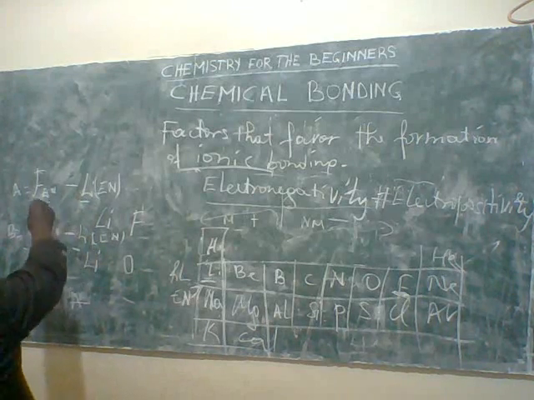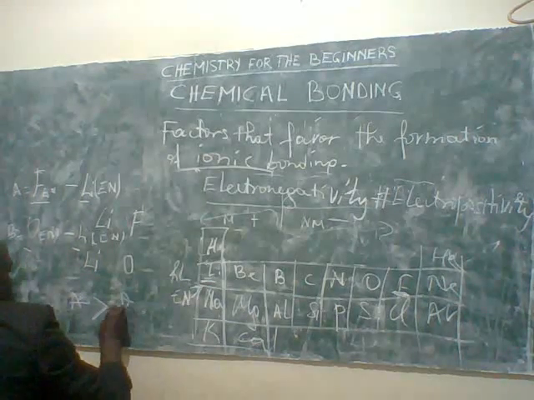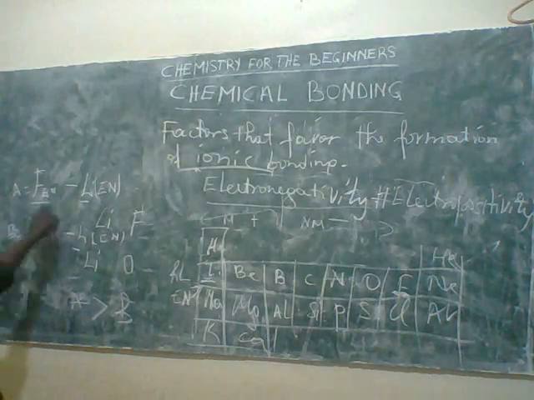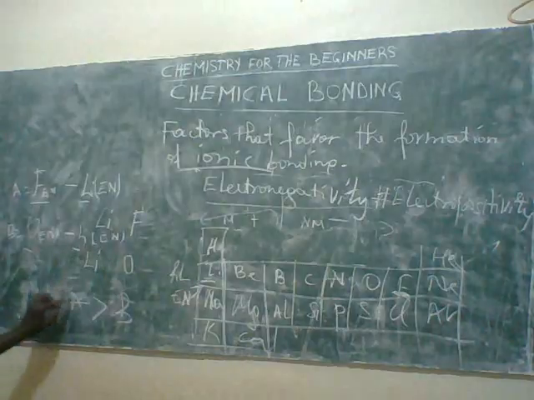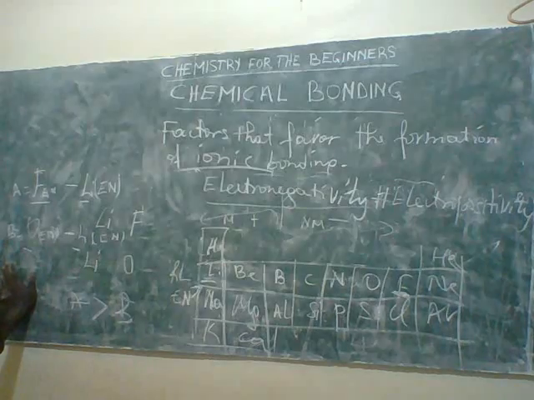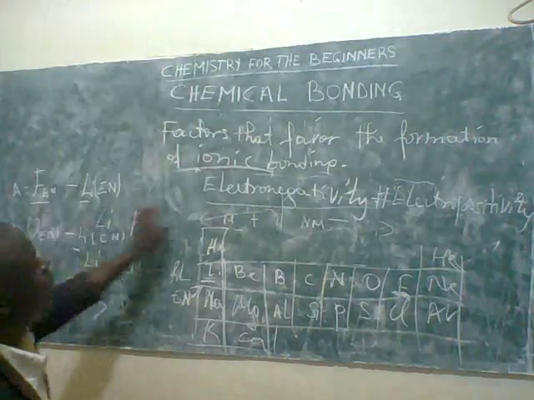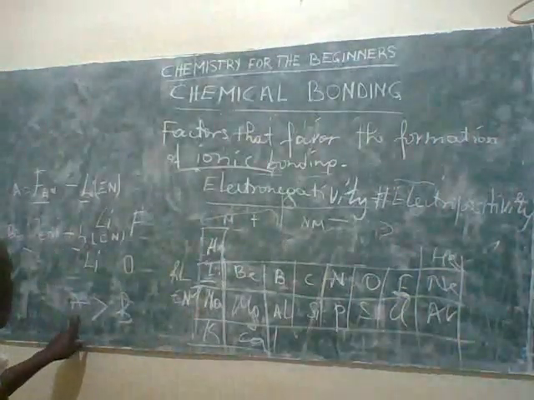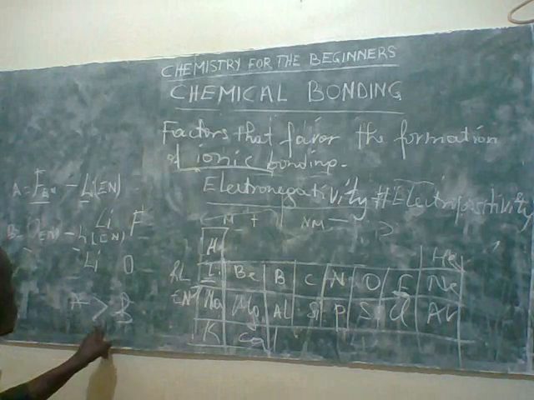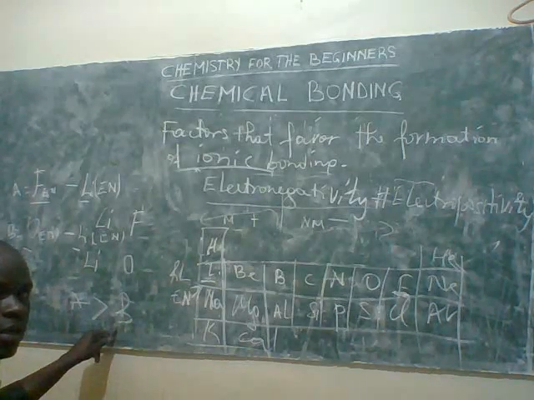So the difference in the A equation will be greater than the difference in the B equation. It means A is more ionic. A is a more ionic bond compared to B.